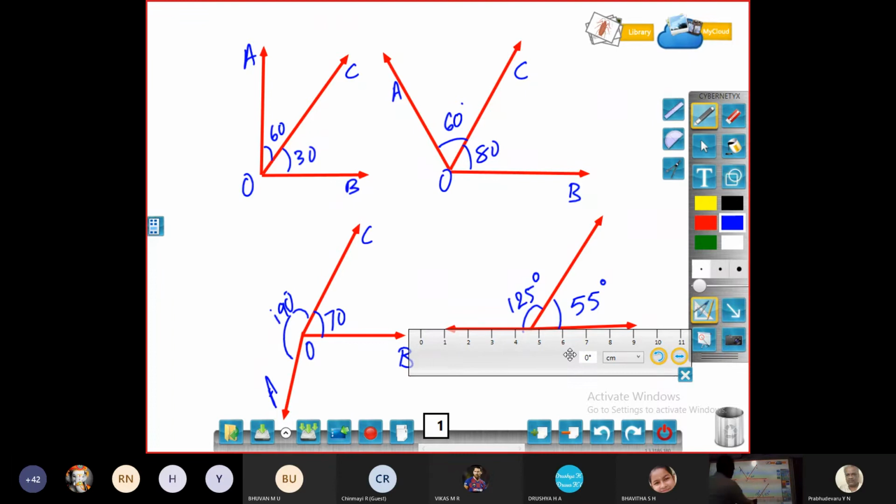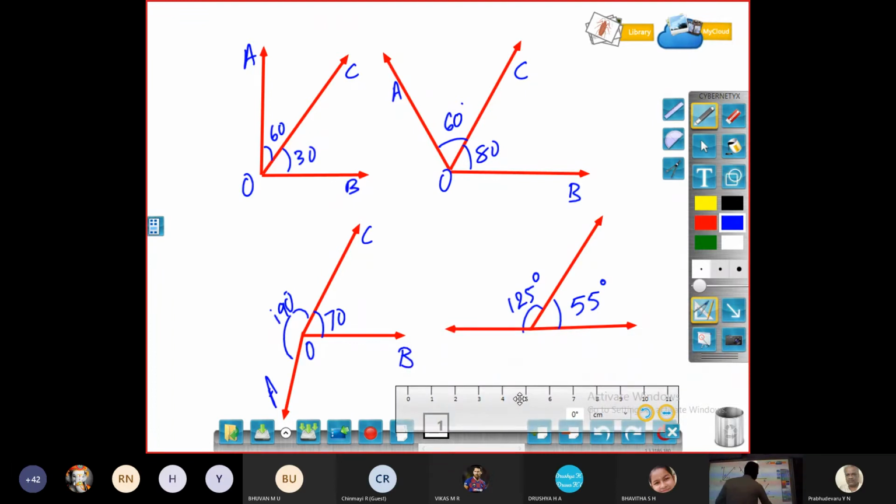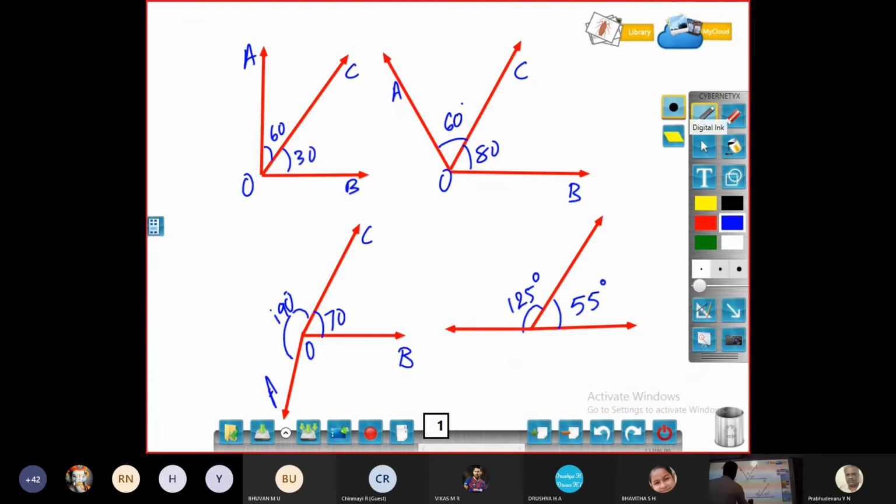Look at this. I'll take this as A, O and C. This is B. OA and OB are the opposite rays. Here in this diagram only, angle AOC plus angle BOC is equal to 180 degrees. Therefore, you can write the non-common arms. Which are the non-common arms here? OA and OB.